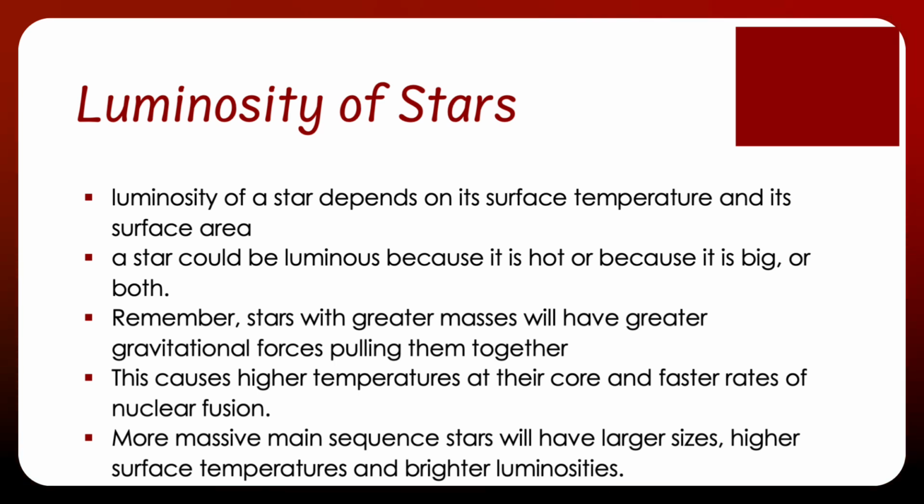One other thing to think about is that stars with greater masses have a greater force of gravity pulling them together, making the particles closer and closer, which means fusion happens at a higher rate, therefore having a higher temperature. So main sequence stars that have a larger mass, and that's the definition of massive, not size, it means having more mass, tend to have higher surface temperatures and brighter luminosities.